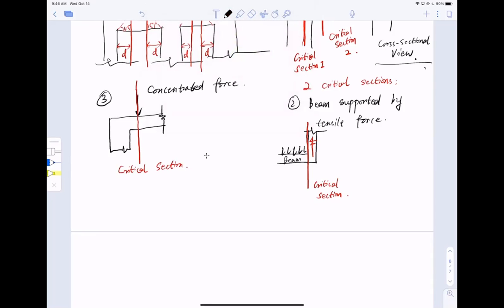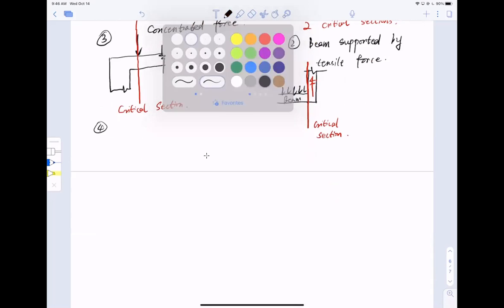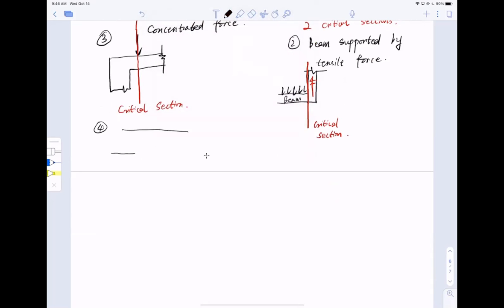And number four, that is if I have a beam girder scenario. What is a beam girder? Both are in bending, but one is a bigger beam. I'm drawing in 3D right now.